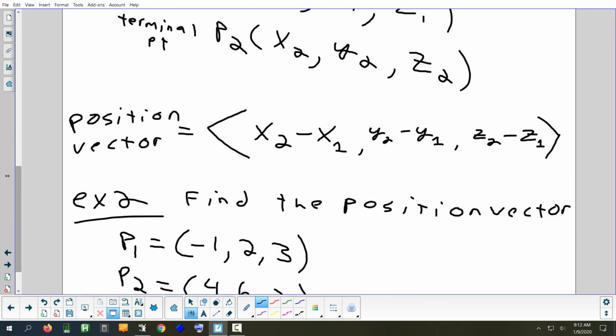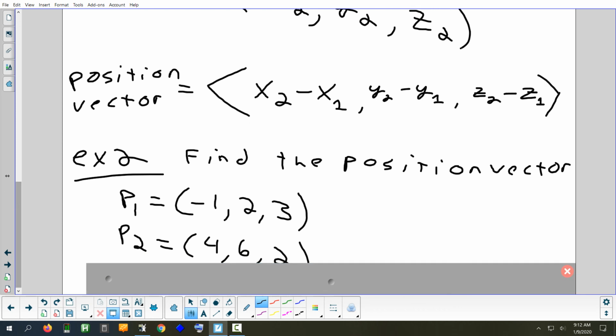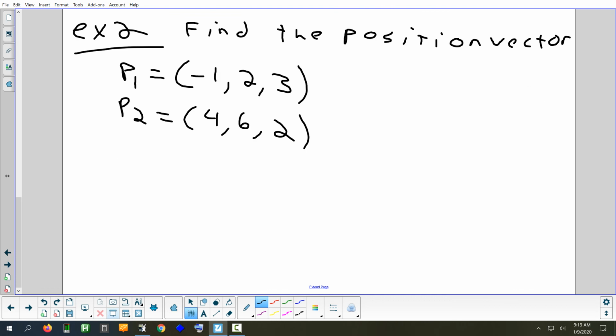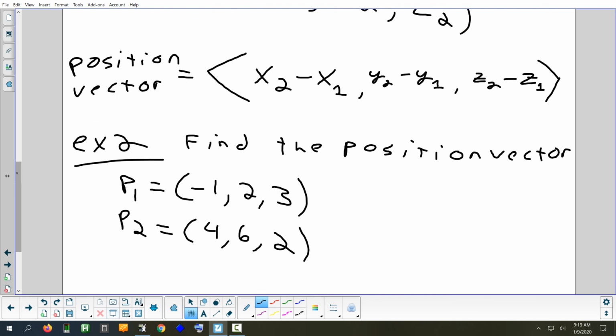Right. So let's see if we can find the position vector between these 2 points. Justin, if I want to find the position vector, I have to do 3 calculations.